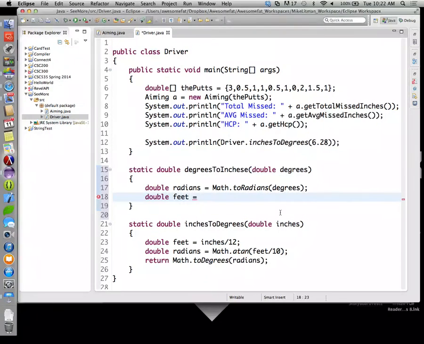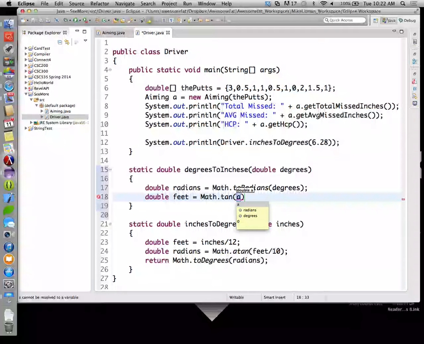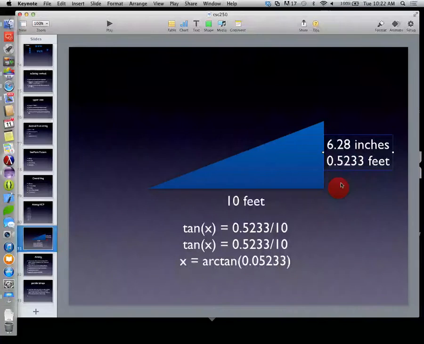So this will be Math.tan. And what are we going to do for our tangent? We're going to say this number, which we do not have, divided by 10 is equal to the tangent. So what we need to do is solve this.